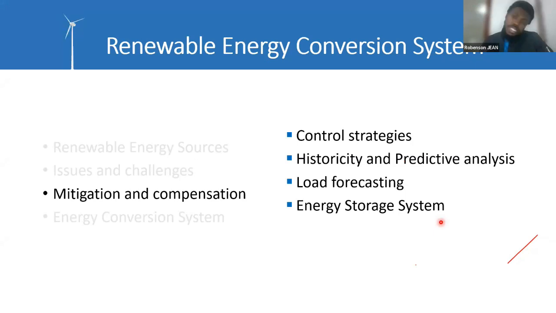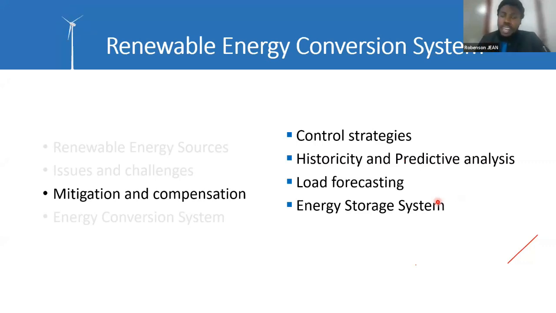But also, we are dealing with load uncertainty. So due to this, we can use the data of the previous load for the past 5 years, past 10 years, in order to design a load forecasting. So load forecasting helps us to have a predictive load profile that is so close to the real load profile.